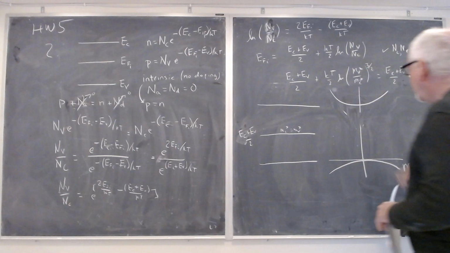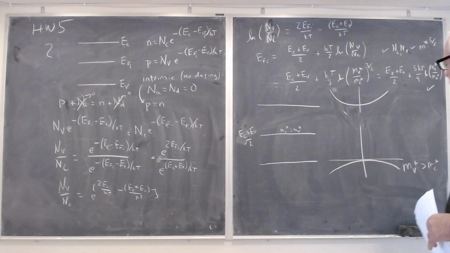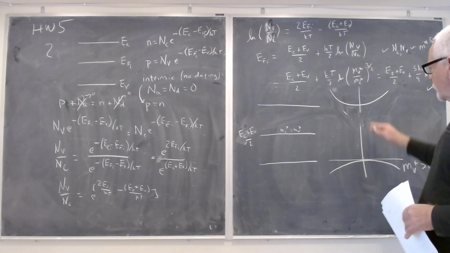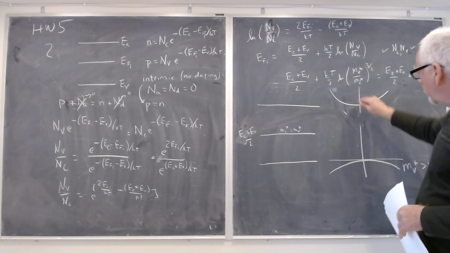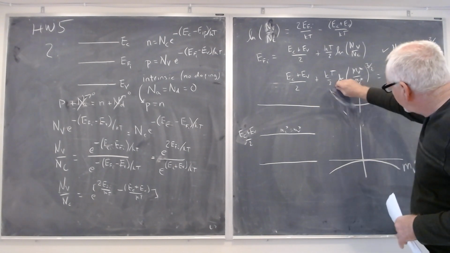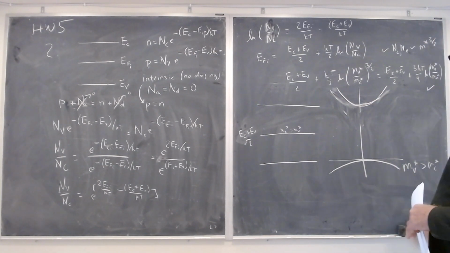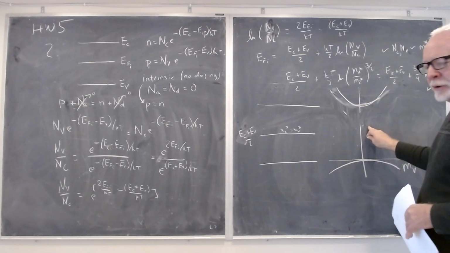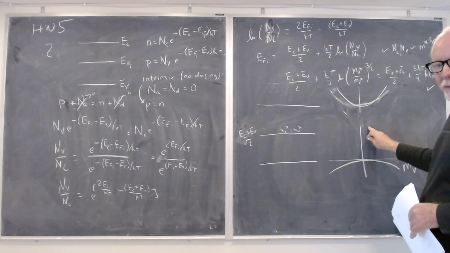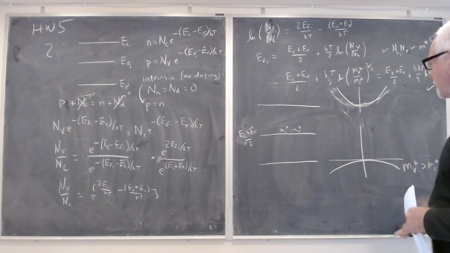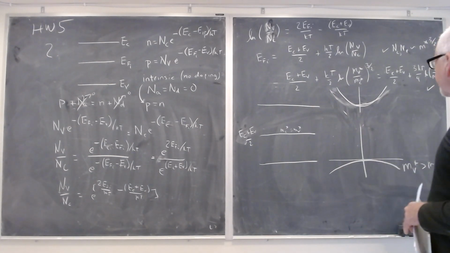I could make up 2 slides now, showing more curvature in the conduction band than in the valence band, and draw the intrinsic Fermi level, and then 2 slides. We could do the same thing that we did in the quiz.